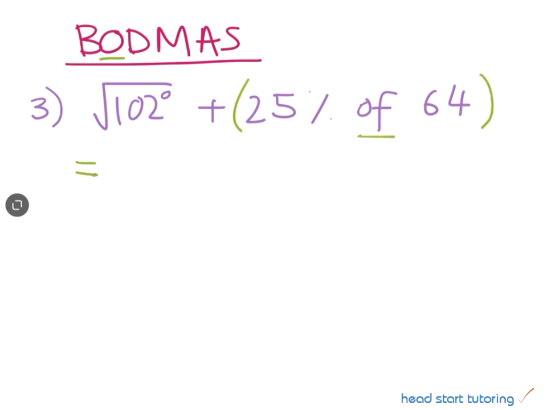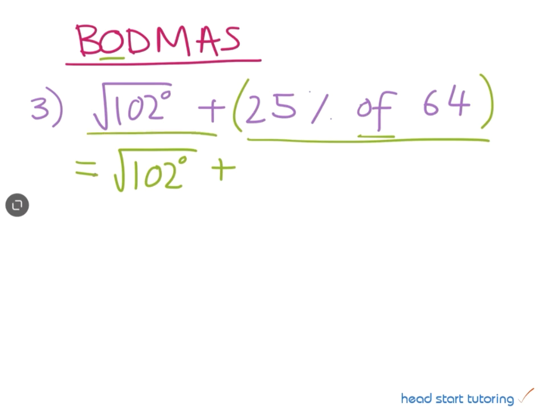What I'd like you to do is always just bring down all the parts of your question so that you don't leave it out at the end, because it might just be tempting to work out 25% of 64, put your answer down and then completely forget to plus that to the square root of 102 to the power of 0.